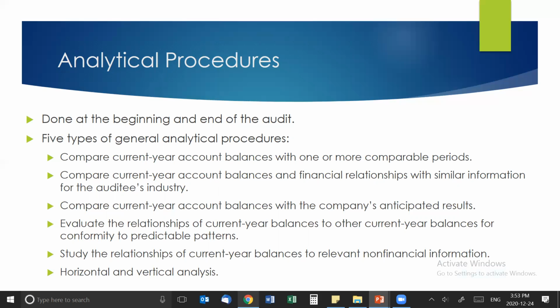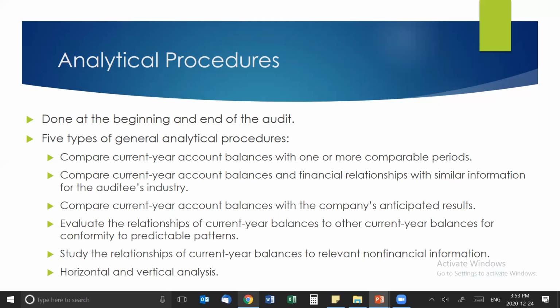If your revenue didn't go up at all, but the client kept telling you that they have all these brand new customers, why didn't revenue go up? So compare current year balances to previous years, and compare current year balances with those of the industry.